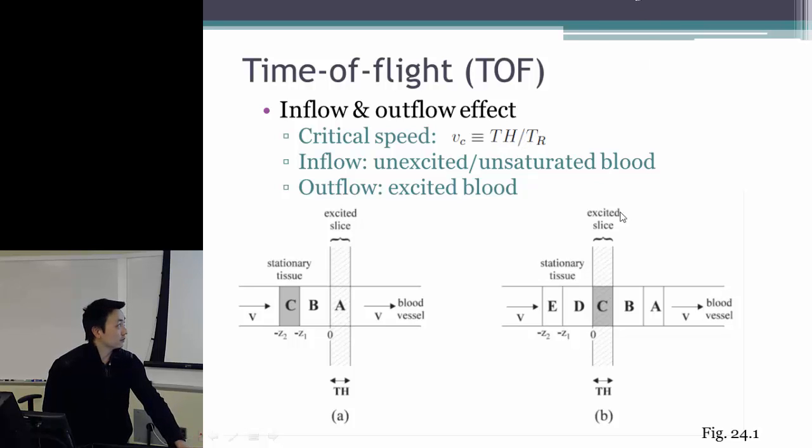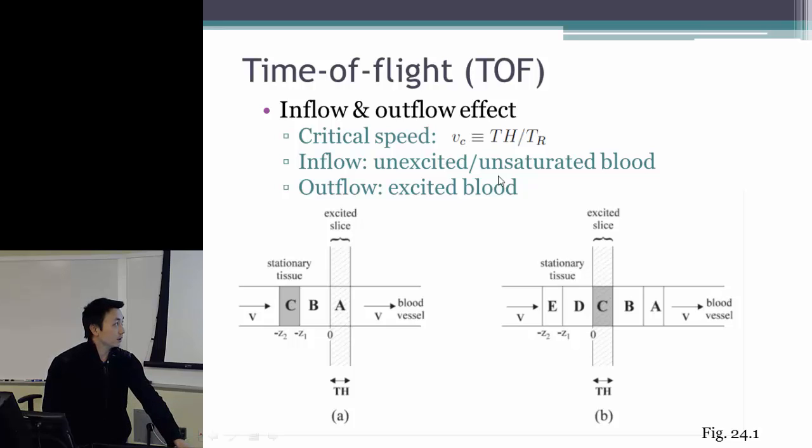That means if the blood flow is higher than this critical speed, then for the next excitation, the next excitation will seize blood that has not been excited before.